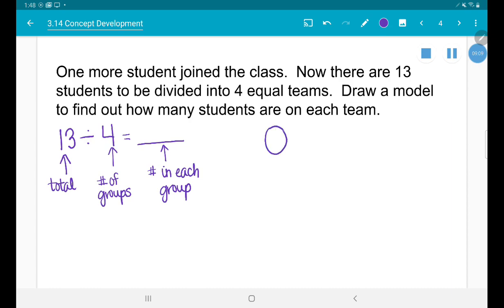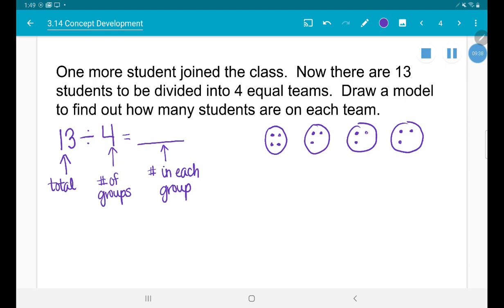So here's the models that I'm seeing. Got your 4 groups. We did 1, 2, 3, 4, 5, 6, 7, 8, 9, 10, 11, 12, 13.